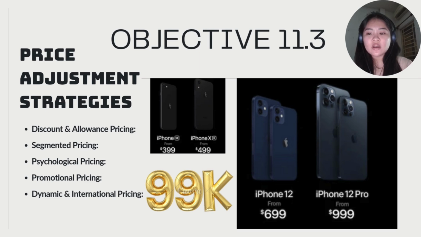Then there is psychological pricing, for example, pricing a phone at $9.99 instead of $10 makes it feel cheaper. Promotional pricing means temporary discounts to push short-term sales. Finally, dynamic and international pricing allows companies to adjust prices across different markets, just like how iPhone prices vary by country or model tier.